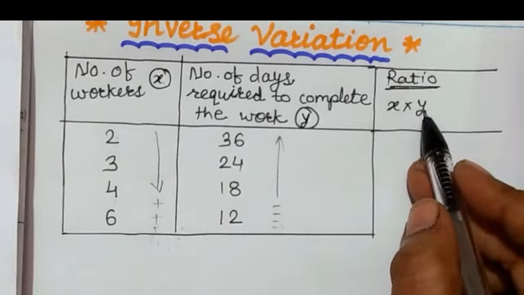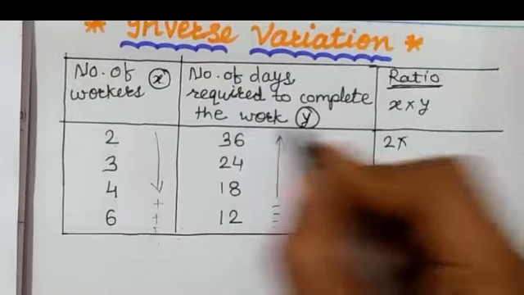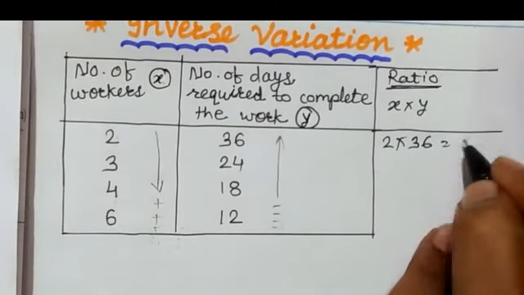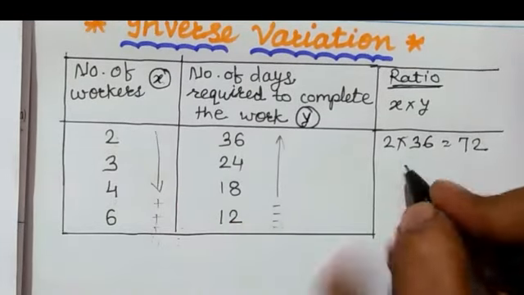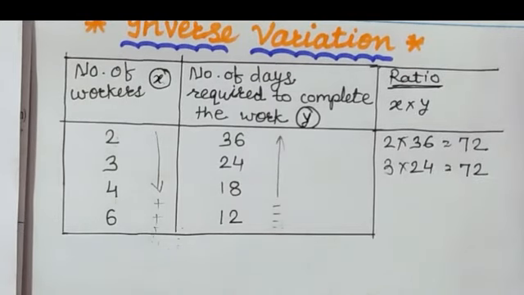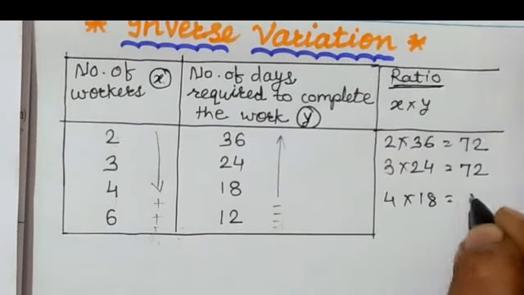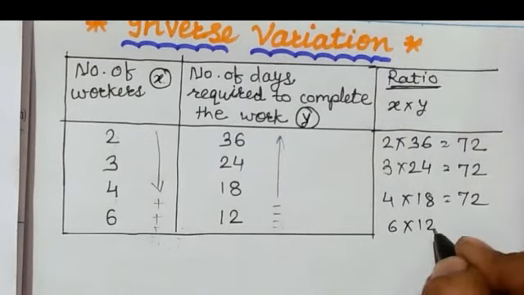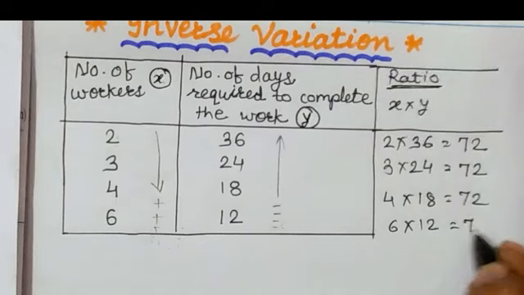So if we multiply both the figures, 2 multiplied with 36, we get the answer 72. If 3 is multiplied with 24, then also its answer is 72. 4 is multiplied with 18, answer is 72. And 6 is multiplied with 12, then its calculation will be 72.